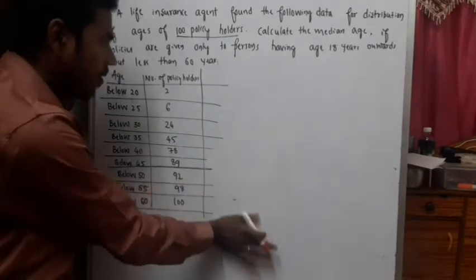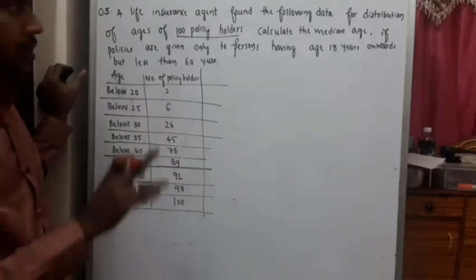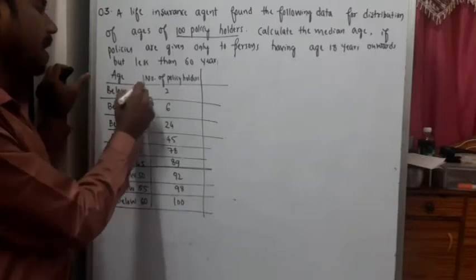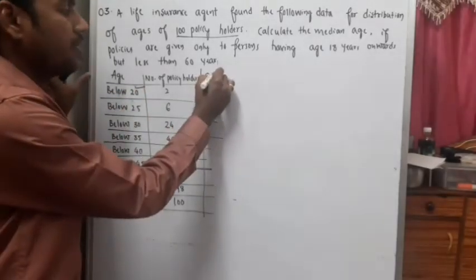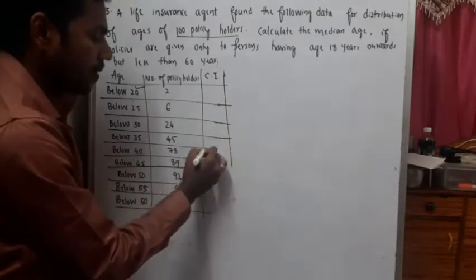So what does it convey? Whatever the frequency that they have given, it is a cumulative frequency. So this is the upper limit they have given, so we need to write the class interval. And when I write the class interval, look at this. How can we write the class interval?